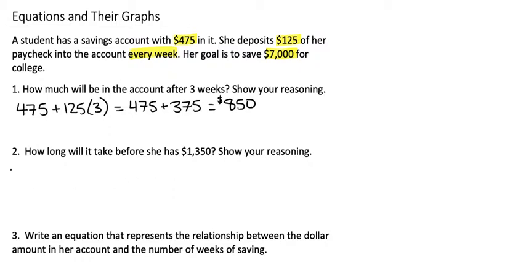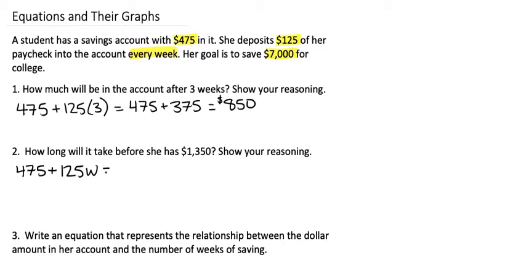The second question is, how long will it take before she has $1,350? So again, we're starting with $475 in the account, and we're adding $125 each week. Now this time, I don't know how many weeks it's going to take. So instead of multiplying 125 by a number, I'm going to multiply it by a variable, which is w.